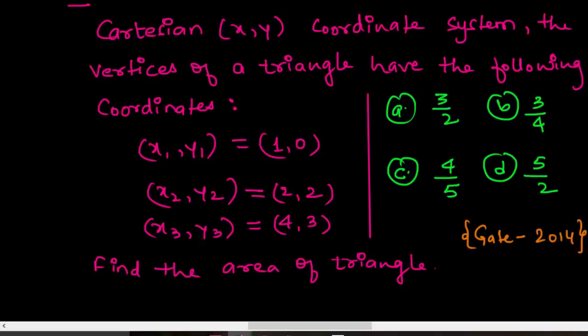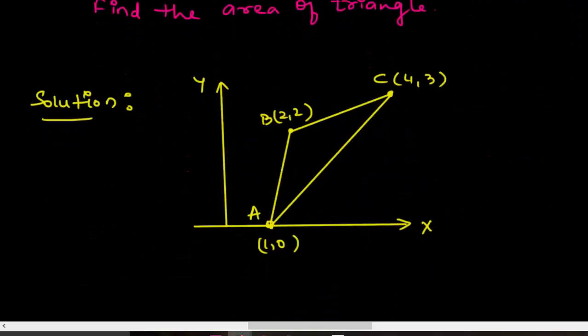So you have to find the area of triangle enclosed by these 3 points. So let me give you a hint. First, draw the 2D xy plane and mark the 3 points. Okay, so when you have marked these 3 points, you have to find the area of this triangle.